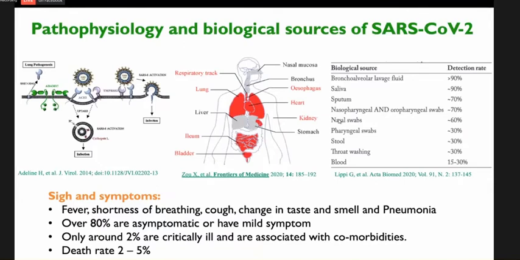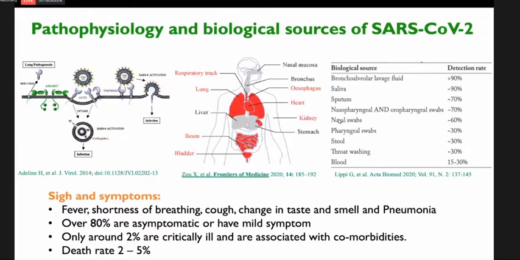The signs and symptoms are generally mild fever, shortness of breath, cough, and sudden change in taste and smell. But some cases may develop severe pneumonia. Generally, the data suggests that over 80% are asymptomatic or have very mild symptoms, while 18% can develop serious illness, and only around 2% are critically ill, usually associated with pre-existing conditions like old age, hypertension, and diabetes.